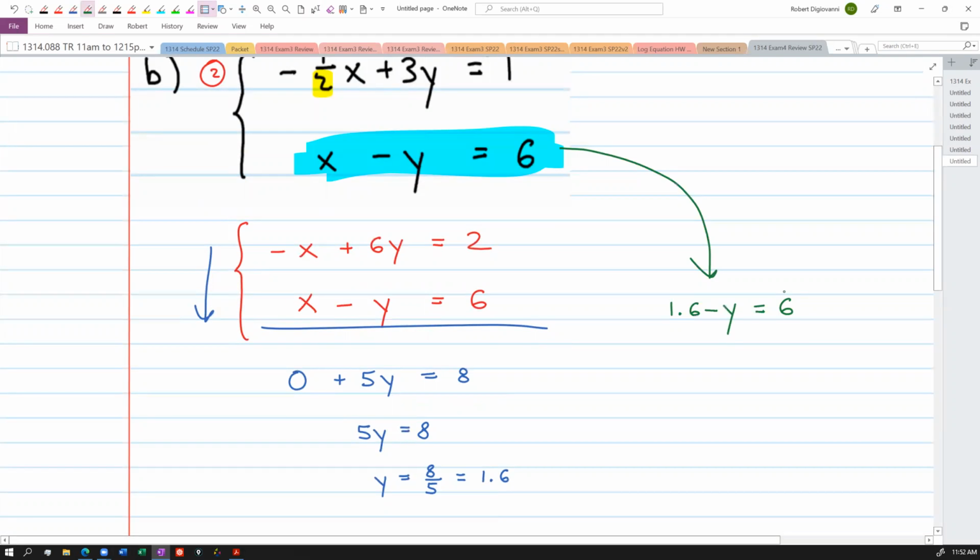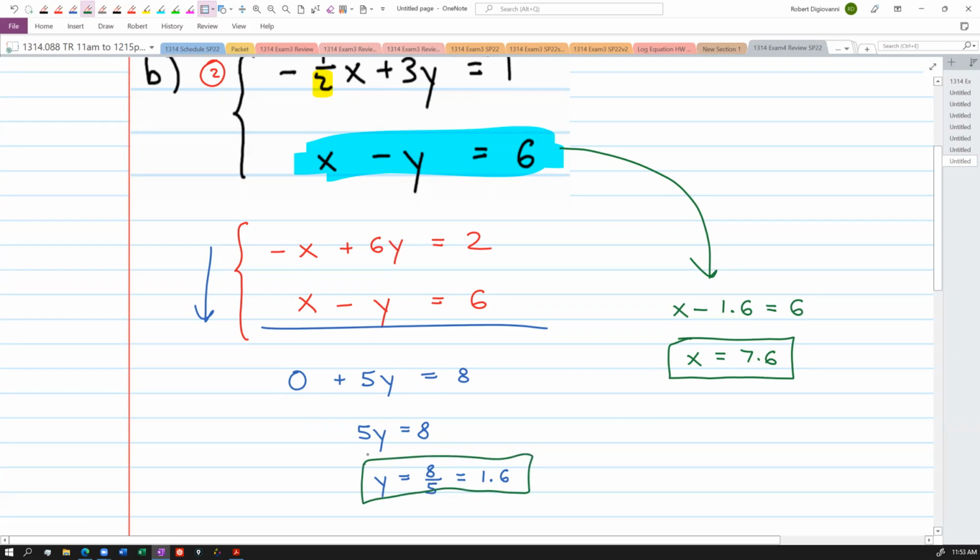We solved for y, so I'm replacing y in the problem, solving for x. Right, replacing the y with 1.6. Add 1.6 to both sides, and you get 7.6. Yeah, we got it. x and y.